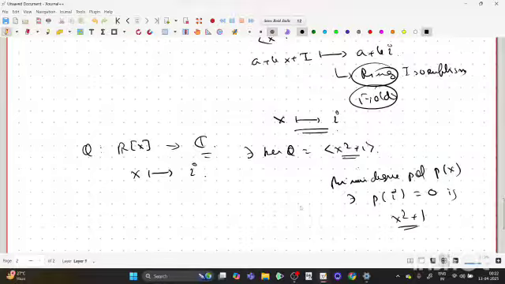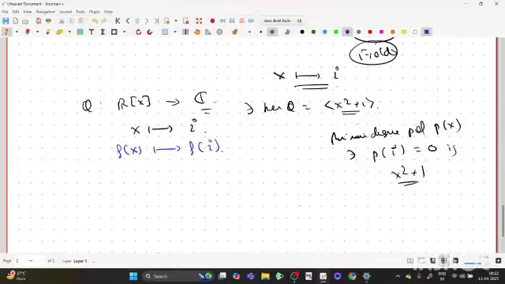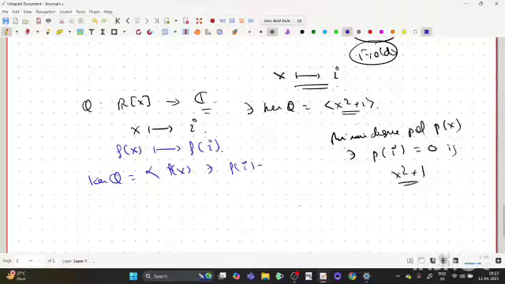See, this evaluation I'm doing on the basis of this. I'm mapping x to I, so what I'm typically doing is choosing a polynomial f(x) and evaluating it at I. Now once I do this, what should be the kernel of phi? The kernel of phi should be the collection of all f(x) such that f(I) is 0.